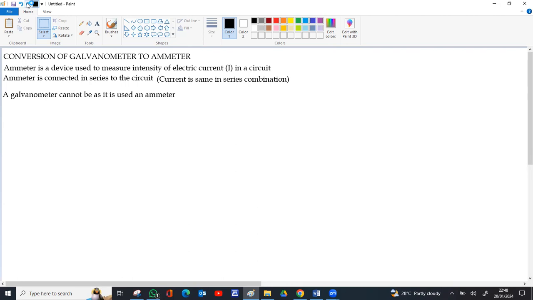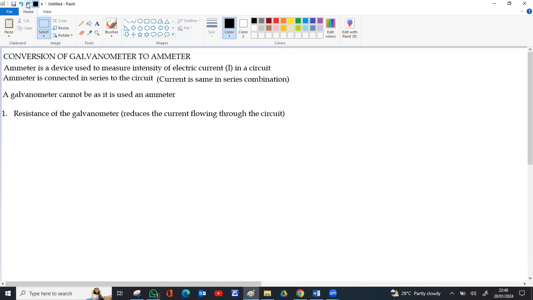The second reason: a galvanometer is made highly sensitive, meaning it is used for detecting the presence of current. To detect even small currents, galvanometers are made highly sensitive. So even a small current flowing through the circuit will produce full-scale deflection in the galvanometer.